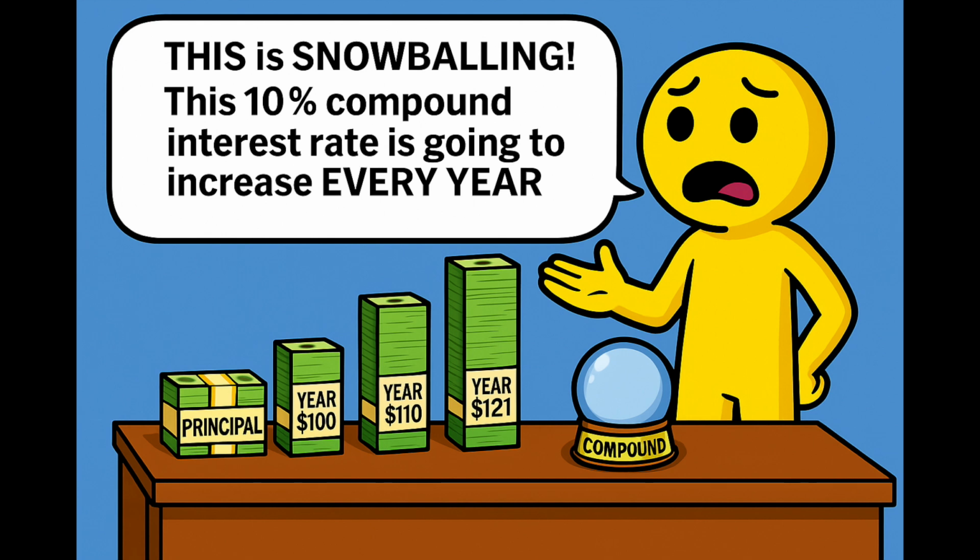Year 2, you pay $110, because now they're charging 10% on $1,100. Year 3, you pay $121, 10% on $1,210. It keeps growing, like interest got interest. By the end of 3 years, you're paying back $1,331. Not just $1,300. They call it the snowball effect. I call it forget about it.